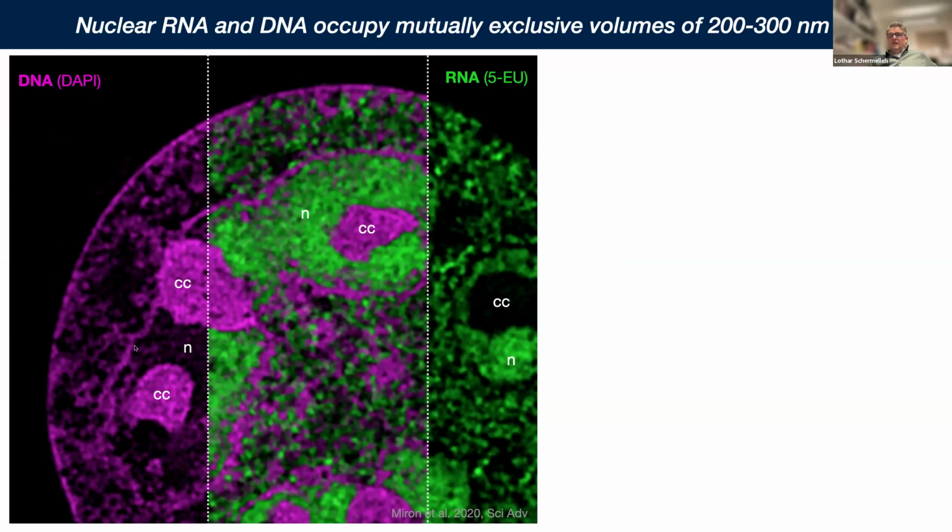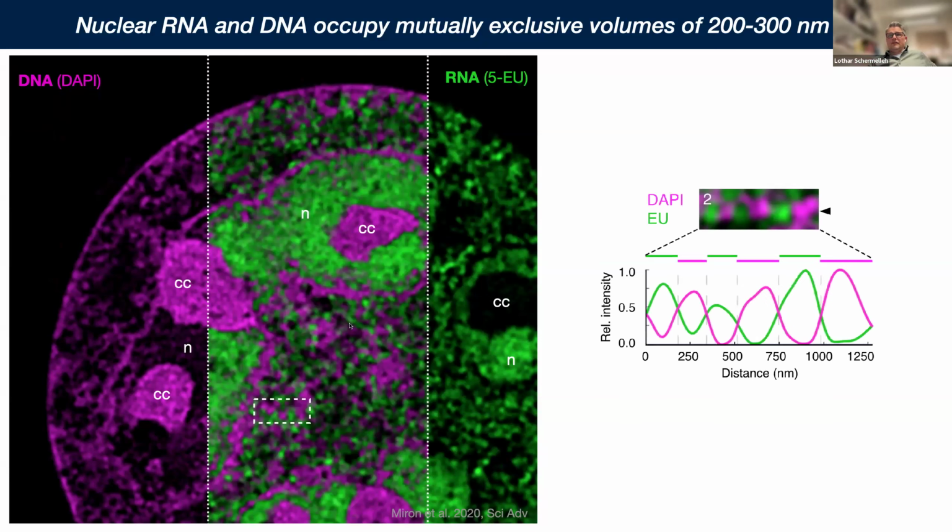It's almost like the flip side of a coin. Chromocenters, like constitutive heterochromatin, are excluded from RNA. There is very strong enrichment in areas where the nucleolus is, and a distinctive mutual exclusion of similar-sized features that, if you measure them, are 200 to 300 nanometers wide.